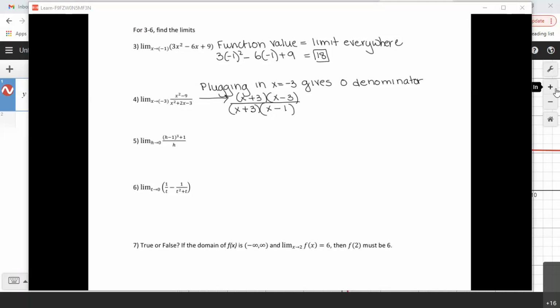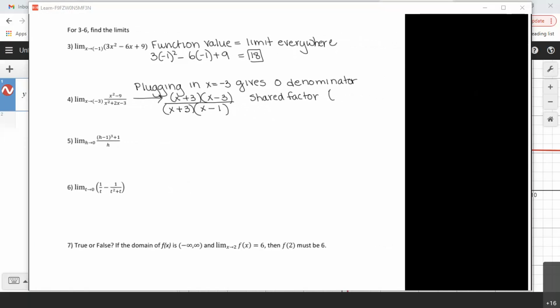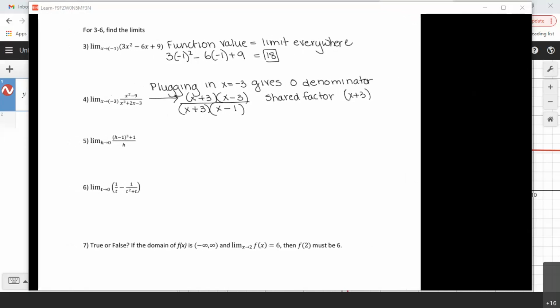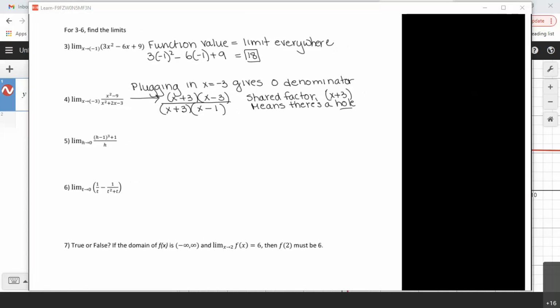Now once you do this, you'll notice there's a shared factor in the numerator and denominator. See the shared factor? It means there's a hole at x plus 3 equals 0, or x equals negative 3.